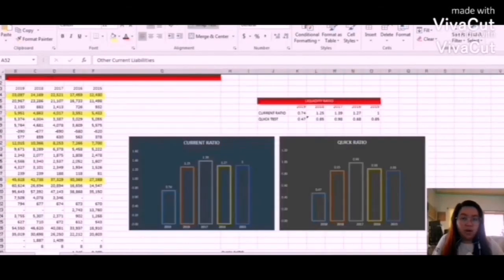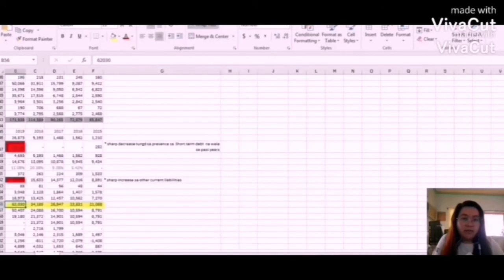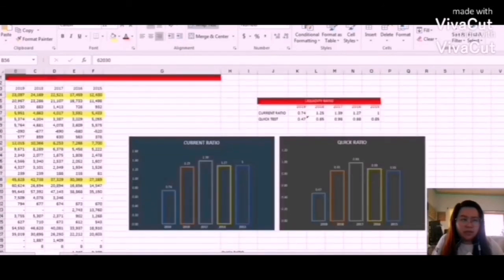To compute this one for the year 2019, current assets over current liabilities, the answer for this is 0.74, which means that the company is not liquid and they did not meet its current obligations as for year 2019. We should remember that for every peso worth of debt JFC has, its asset equivalent is 0.74, which is very low.